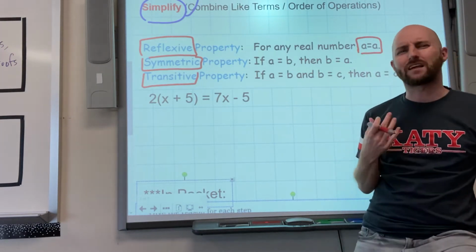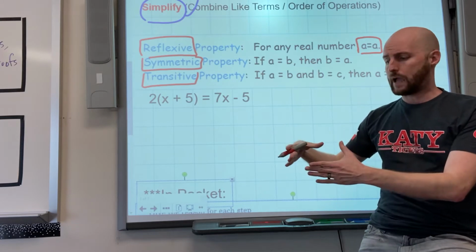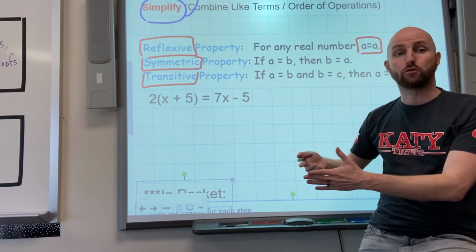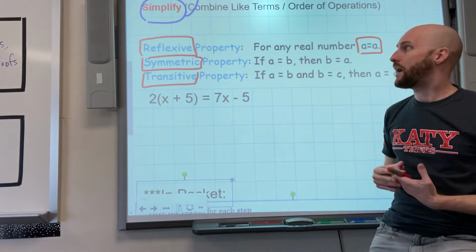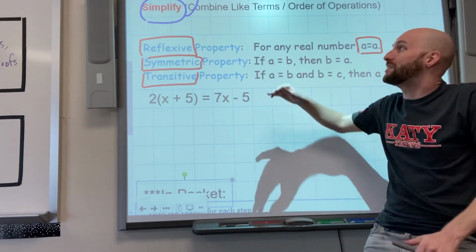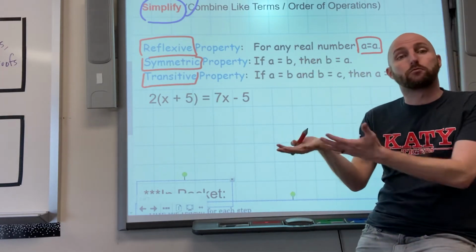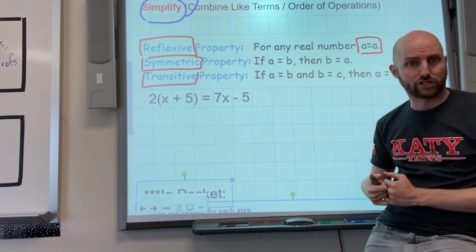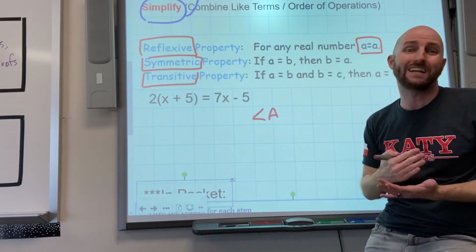And it seems like that's kind of random, but maybe I'm looking at a diagram and part of my proof needs me to refer to maybe an angle or a side length that otherwise has not been stated in the problem. Reflexive kind of allows me to bring that into the conversation. Like, hey, I noticed there's this angle A, and it's really important, I need to talk about it.